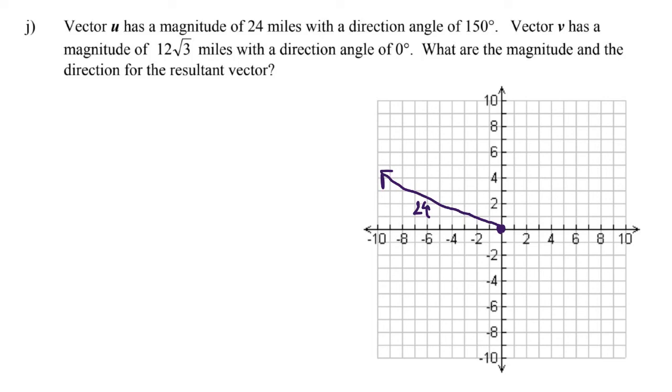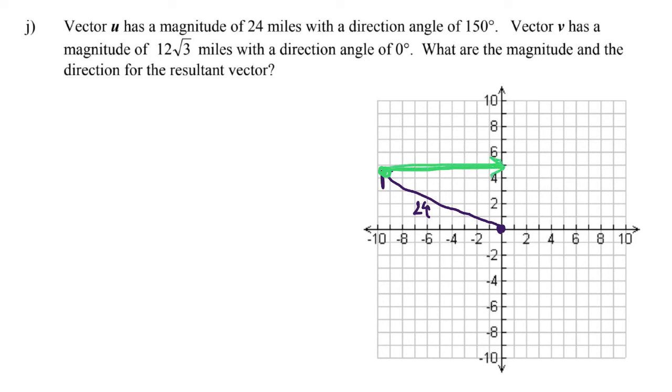Vector v has a magnitude of 12 root 3 with a direction angle of 0 degrees. So again, that one sounds weird, but if we start where this vector stopped and then we go 0 degrees, that's really just due east again. So it's going to be something like this.